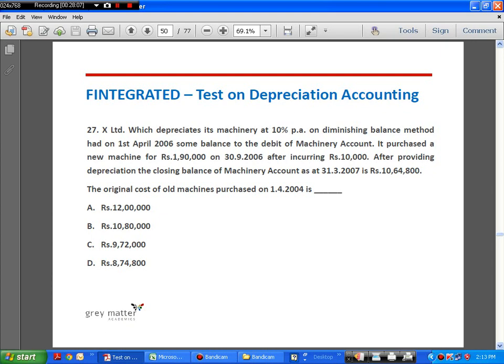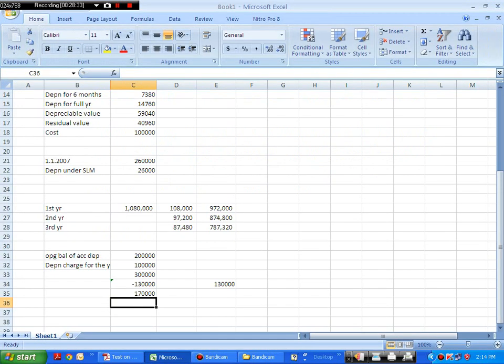Okay, so we know that the written down value of the machinery as at 31st March 2007 is 10,64,800, and they are asking us to find out the original cost of the machines that were purchased on 1/4/2004. So we have to work backwards from 10,64,800, that is from 31/3/2007 up to 1/4/2004, right? So let's do this.